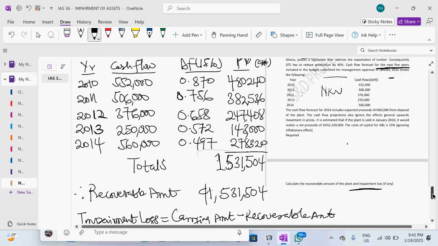Please, I want to ask a question. The 60,000 from the proceeds, that was the 60,000 from the disposal of the plant. You wouldn't use it, right? What do you think we'll do with that?